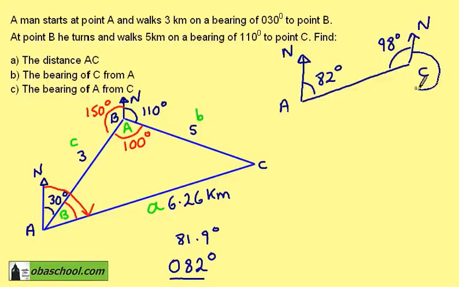Bearings are given clockwise from north, so this is the angle we want to give, and it's 262 degrees. So the bearing of A from C is 262 degrees.